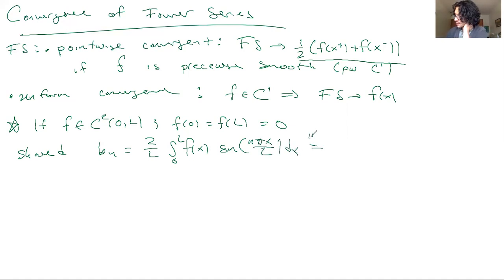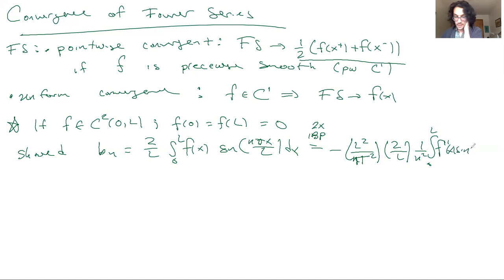And if we integrate by parts twice, then we end up with minus L squared over n pi squared, right? 2 over L. I'll pull the 1 over n squared out in front. Integral from 0 to L f prime prime of x sine of n pi x over L dx.